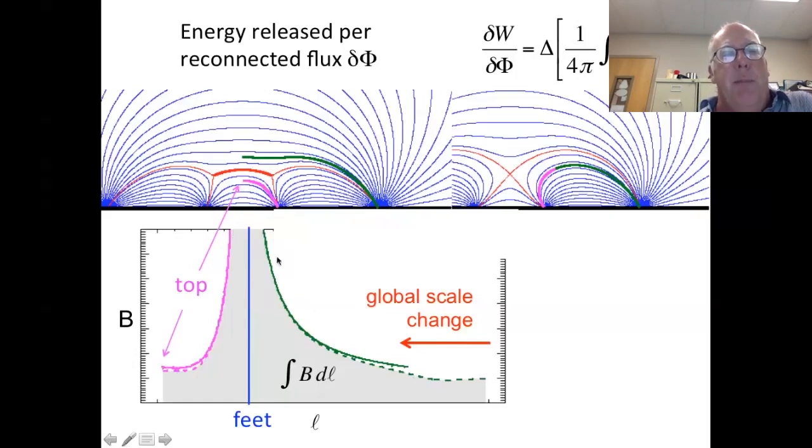That's the integral of B dot dl before the reconnection happens. Then there's the integral of B dot dl after the reconnection happens, and you can see it's a very different looking field line, but the dashed magenta and the solid magenta are almost on top of each other. The magnetic energy of that part of the loop has really not changed at all.